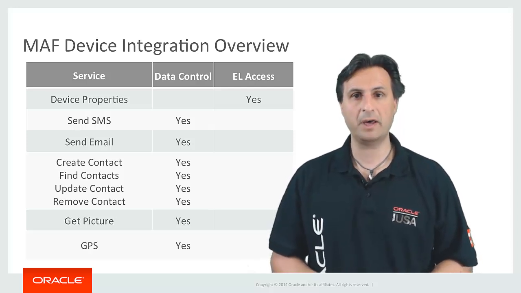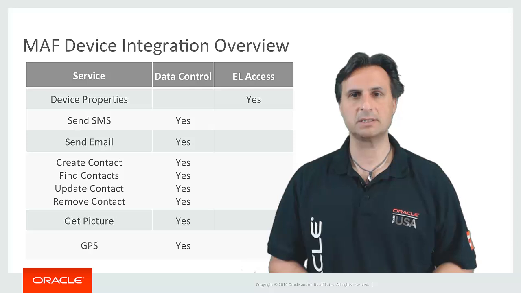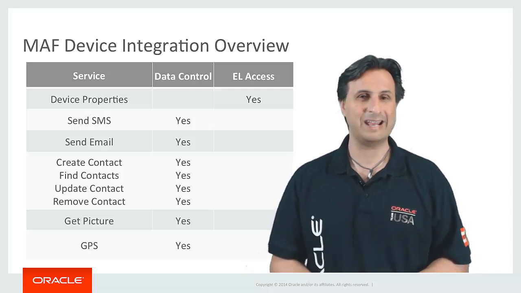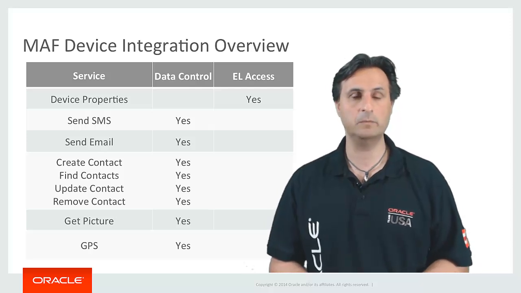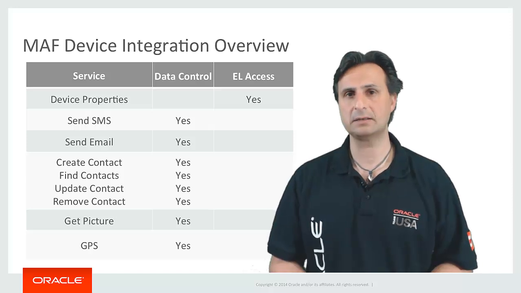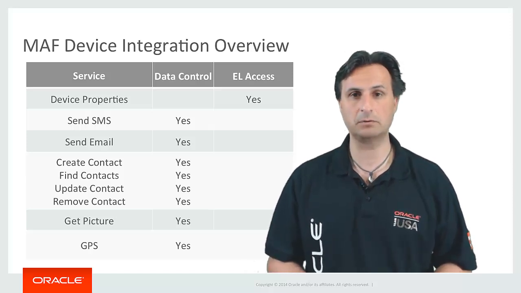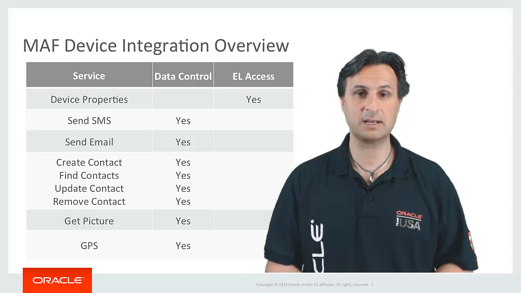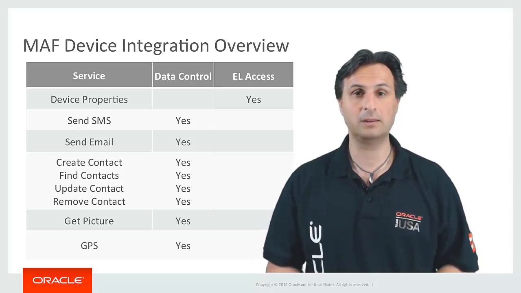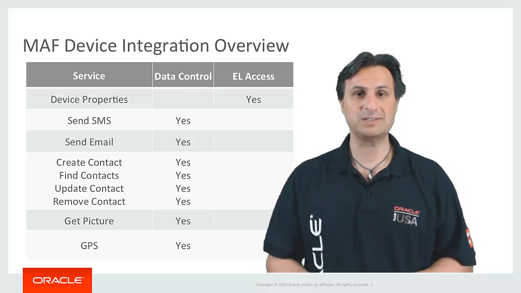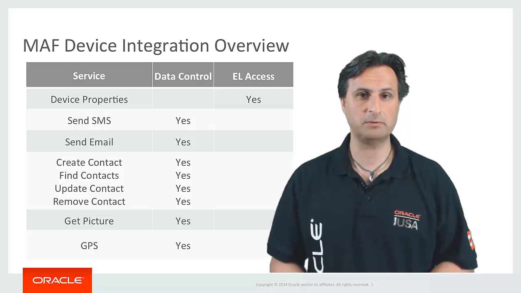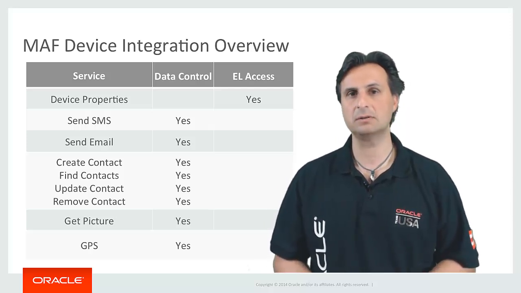On the other side, the data control provides us the ability to send an SMS, to send an email, to create a contact, find contacts or even remove contacts, get a picture and get access to the GPS, even if that access is for you walking around. It just puts needles on the map to track the path that you went. So that's what the data control can do for you. That is what you cannot do with expression language. Expression language just gives you access to the properties.